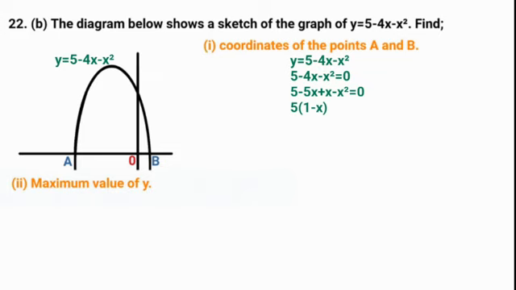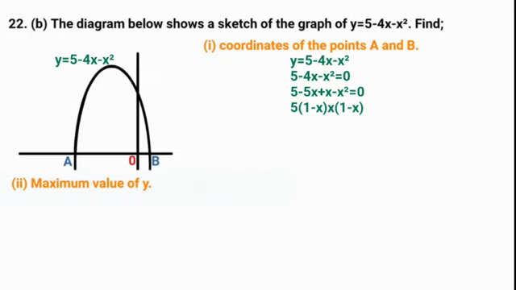Then we find the factor that can go into x and x squared. That factor is x. x divided by x gives us 1, and negative x squared divided by x gives us negative x. Then we close the bracket.